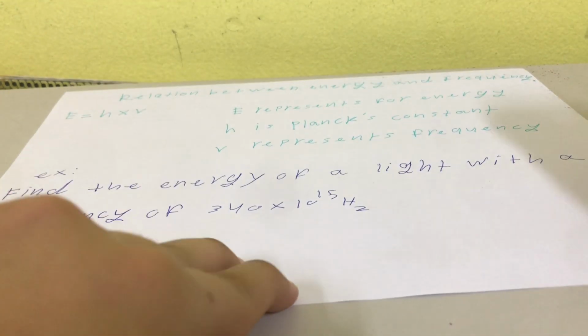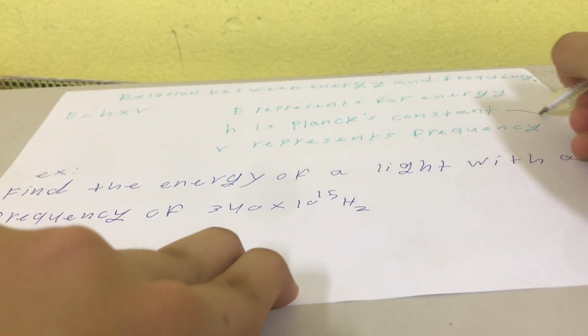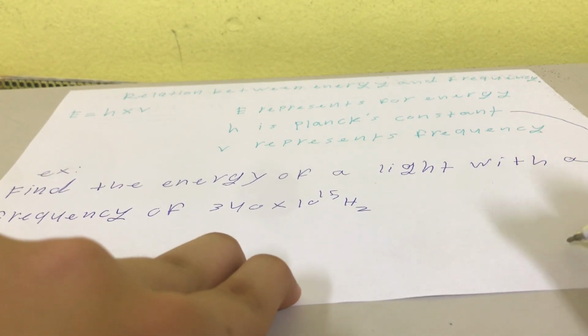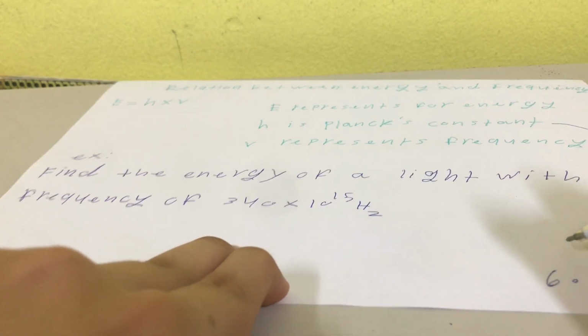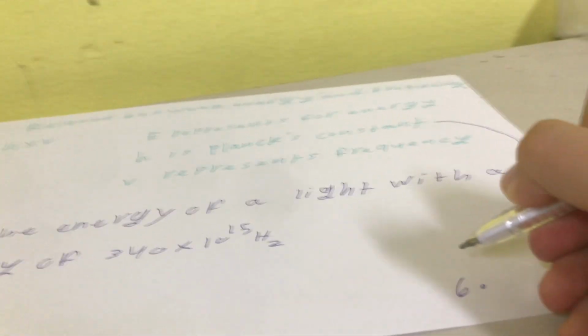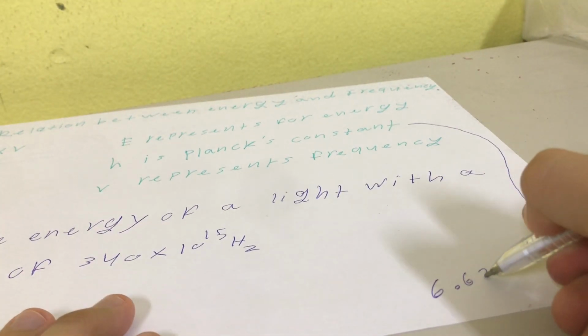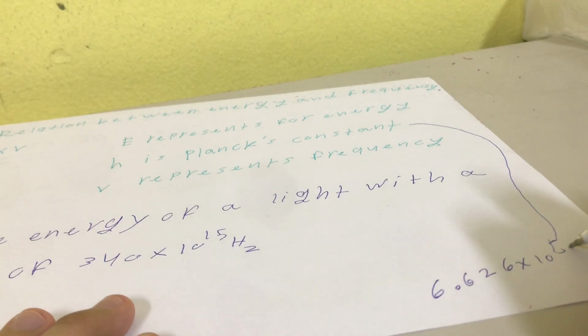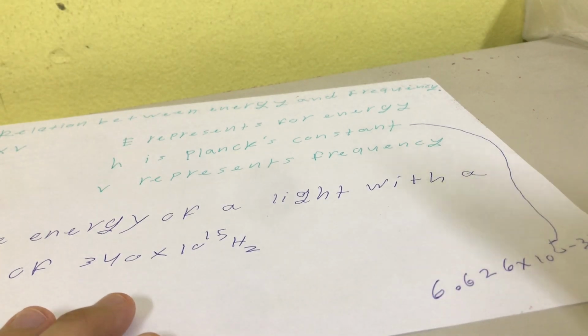Here Planck's constant is about 6.626 times 10 raised to the negative 34th power.